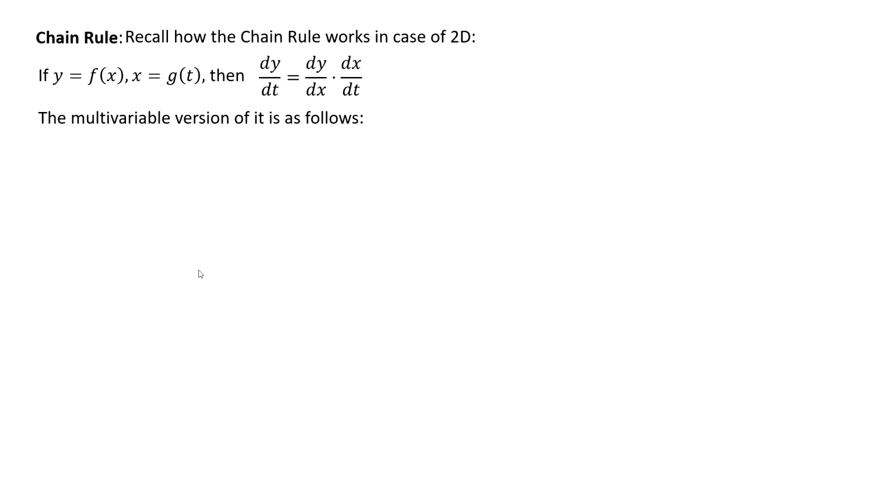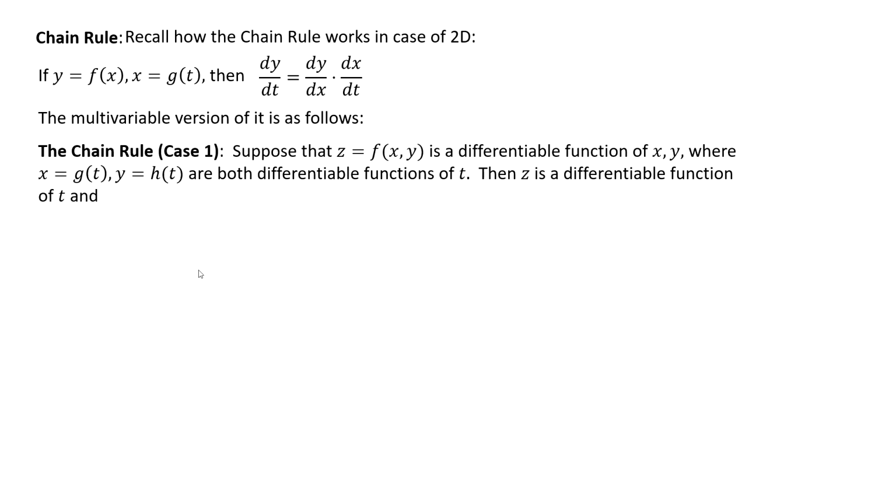And the multivariable version works more or less the same, but with a couple of differences. We don't have just one case, but we have two different cases in this one. As before, z is a function of x and y. X itself could be a function of t, and y itself is a function of t.